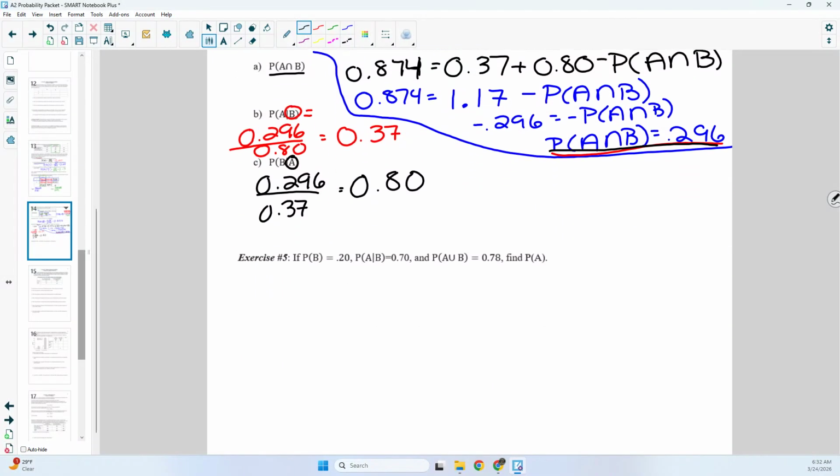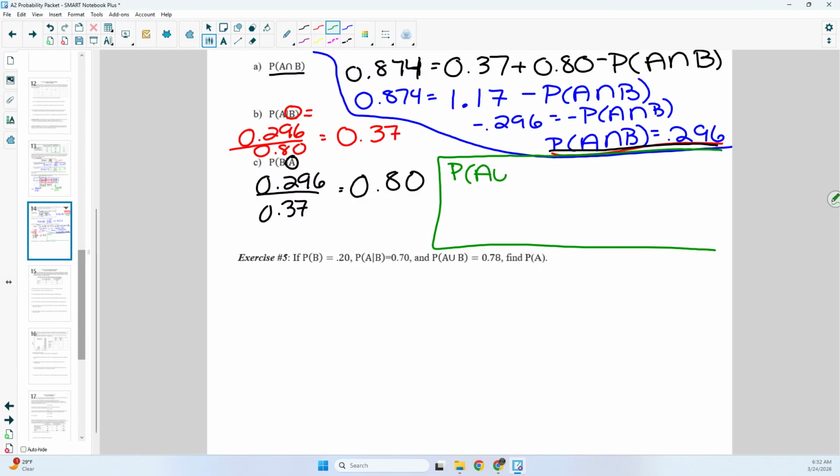Our last question, we have some different information. So we have P of B, P of A given B, a union, and a P of A. So I'm going to rewrite the formulas here just so we can use them. And this one is a little all over the place.